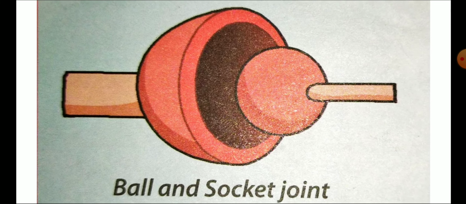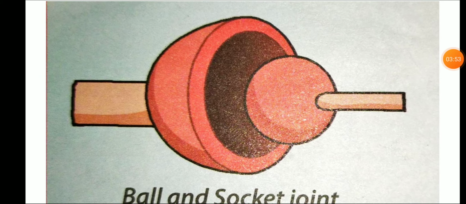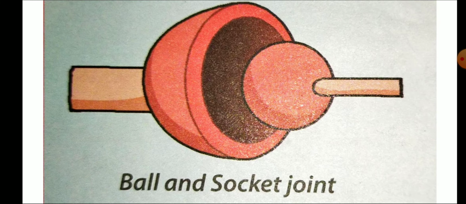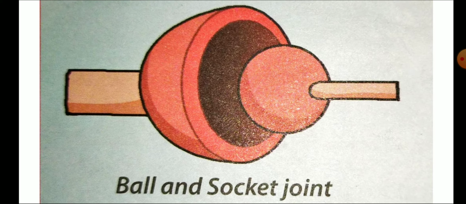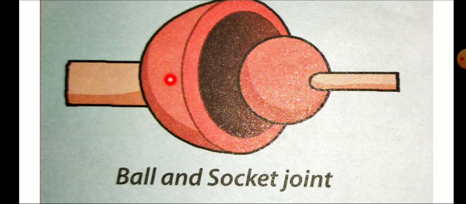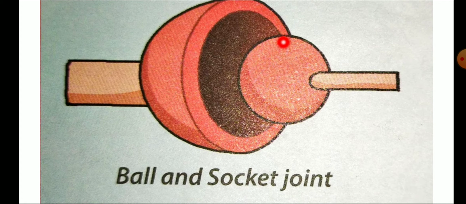The first of that kind is the ball and socket joint. That means the end part of one bone is like a ball. The end part of the other bone is just like a socket. This ball is a circular shape, and the socket is also a circular shape.